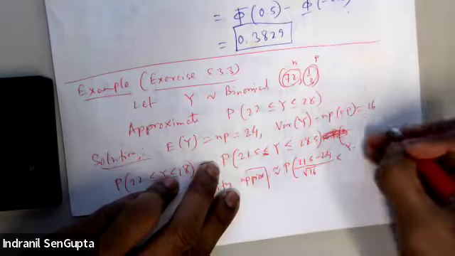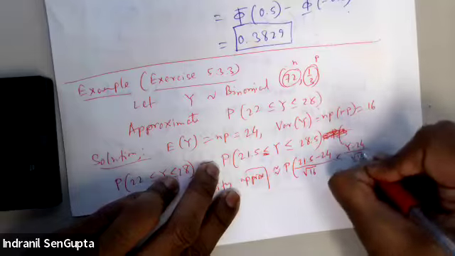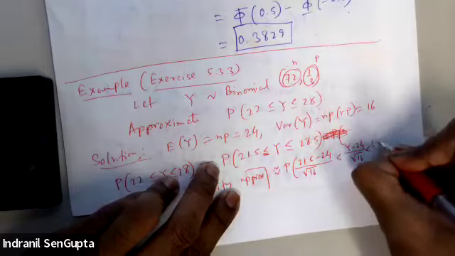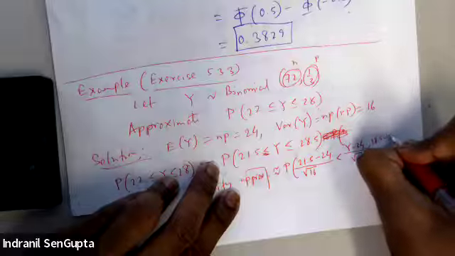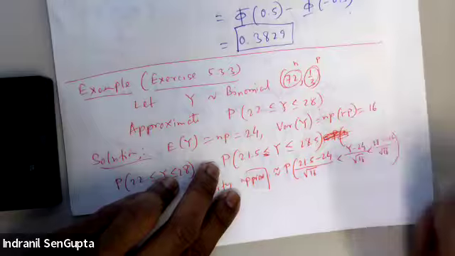So Y minus 24 over square root of 16 less than 28.5 minus 24 over square root of 16.